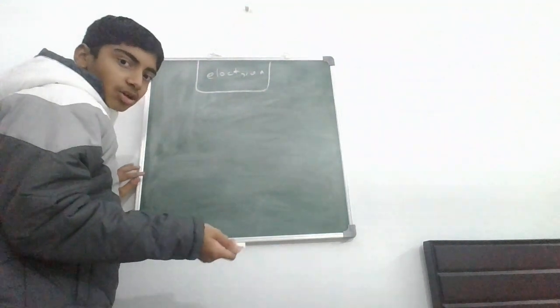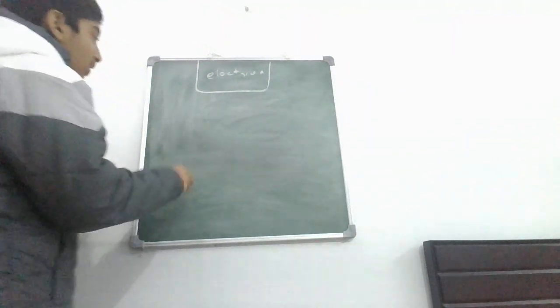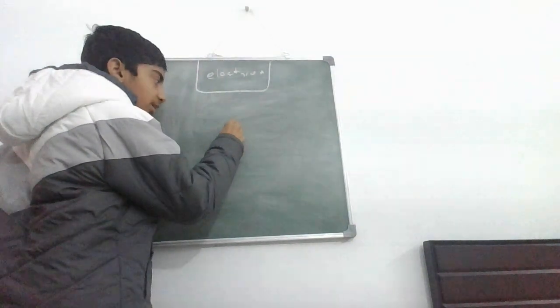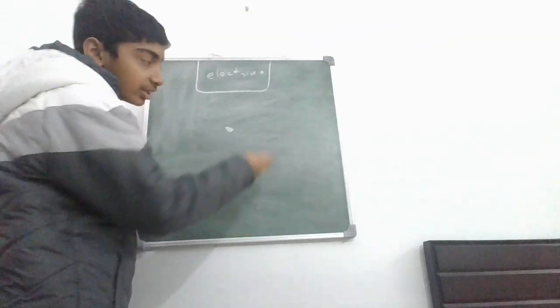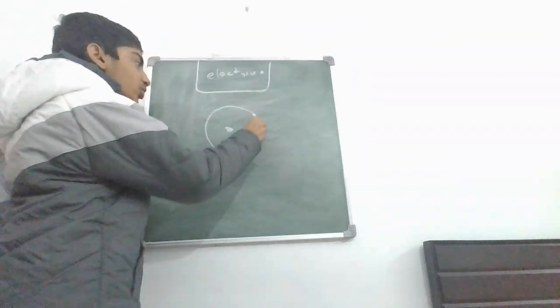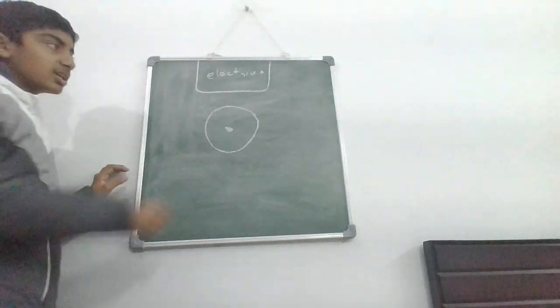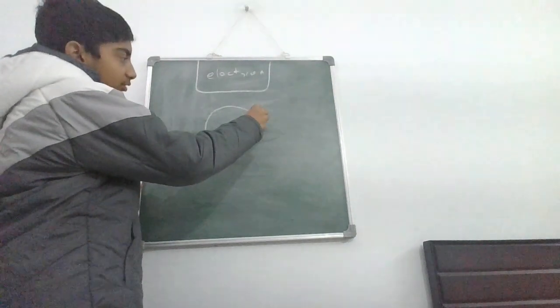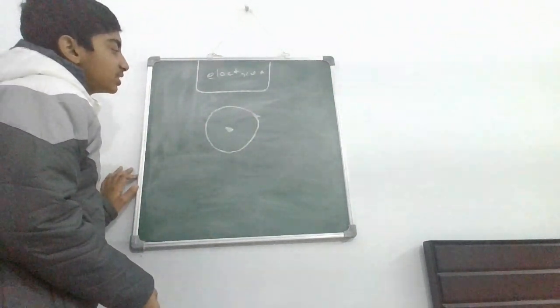So first we need to talk about the current accepted model of the atom, which is a positively charged nucleus with protons and neutrons in it, with electrons orbiting it like the planets around the star. This is the current accepted model. But this is, however, not correct because of the Heisenberg uncertainty principle.